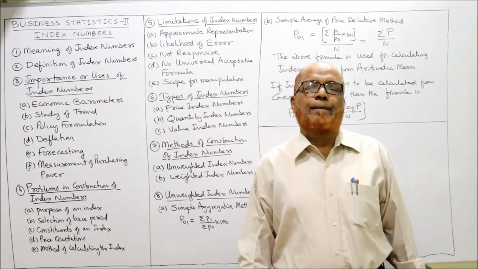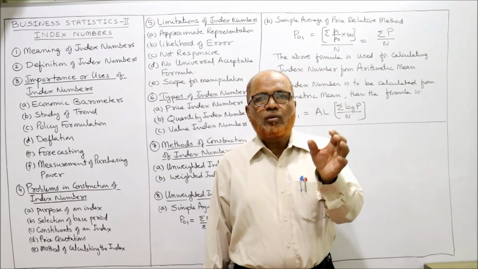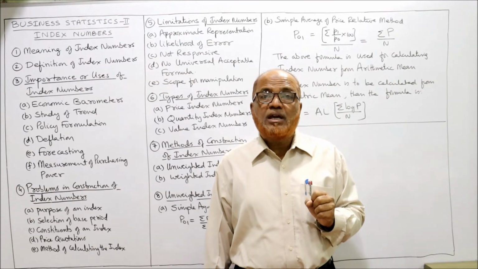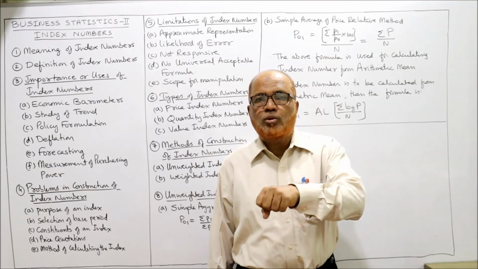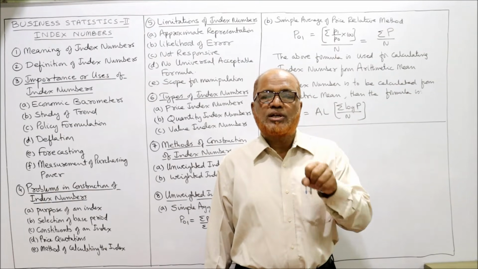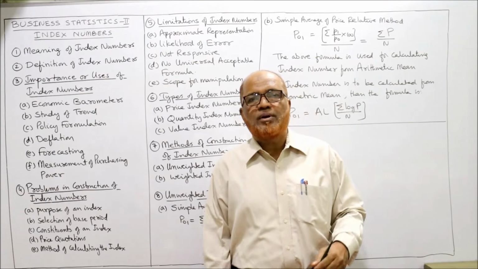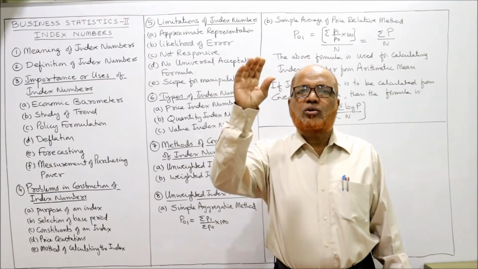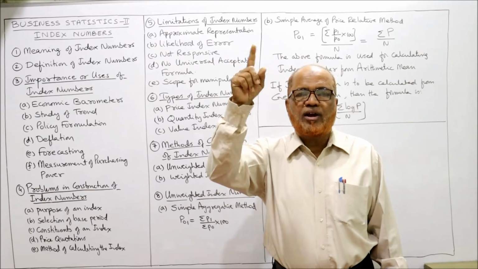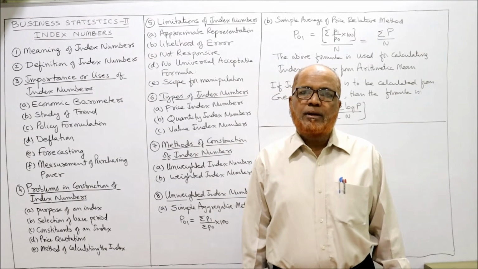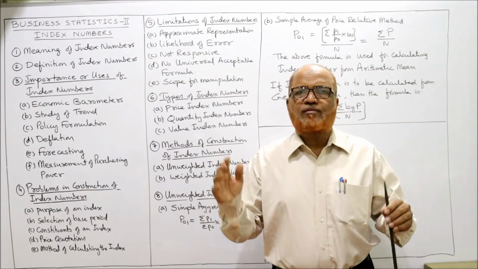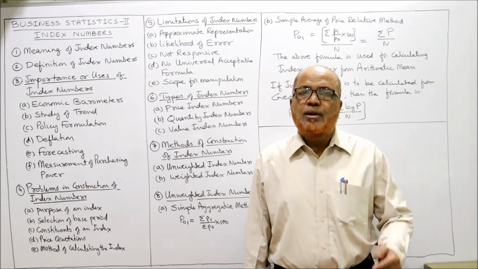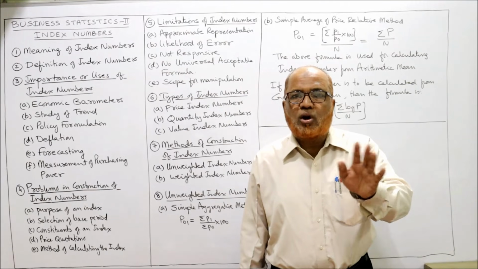Constituents of an index number. For calculating an index number, we have to select some items. Those items should be carefully selected, because they should reflect the changes. For example, in the case of the Bombay Stock Exchange Sensex, we select the topmost companies trading in the exchange. Thousands of companies are listed, but not all are considered.